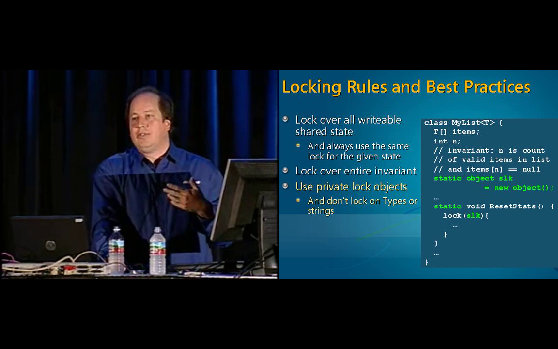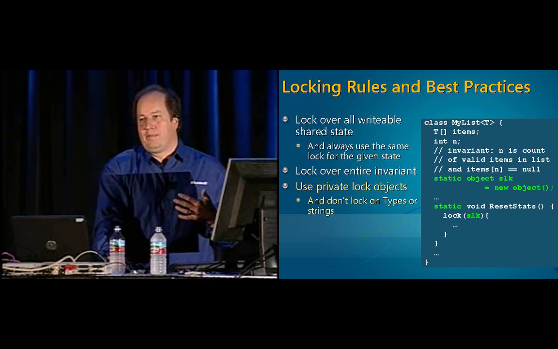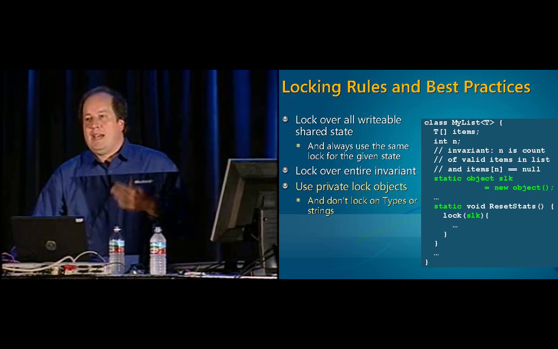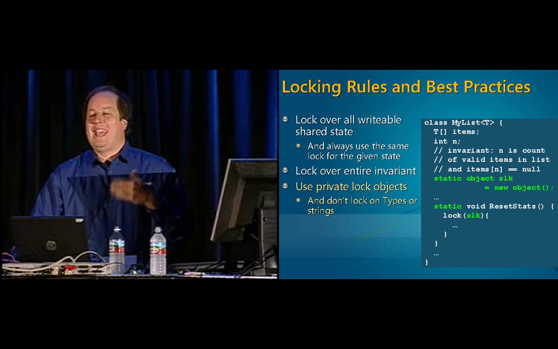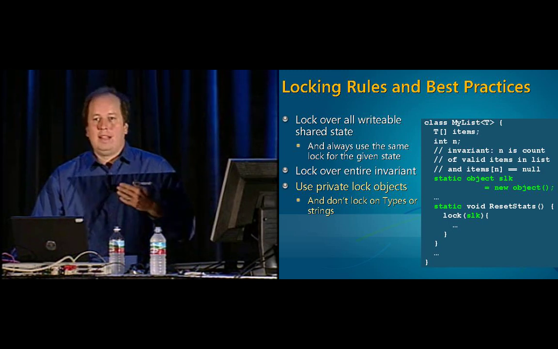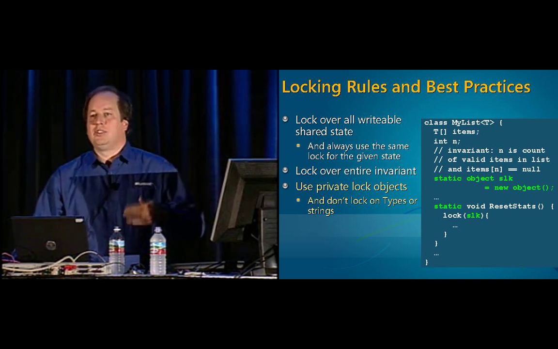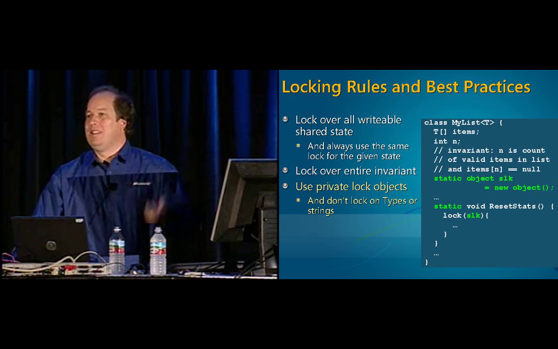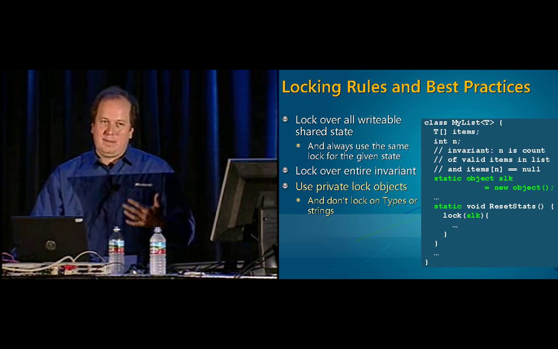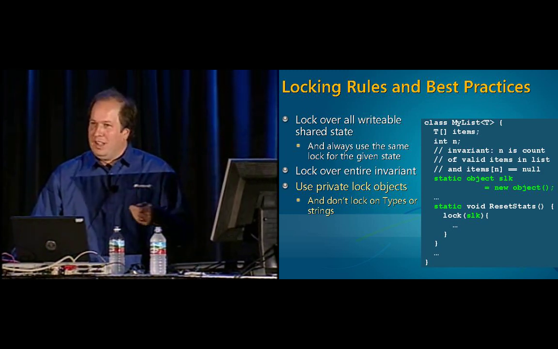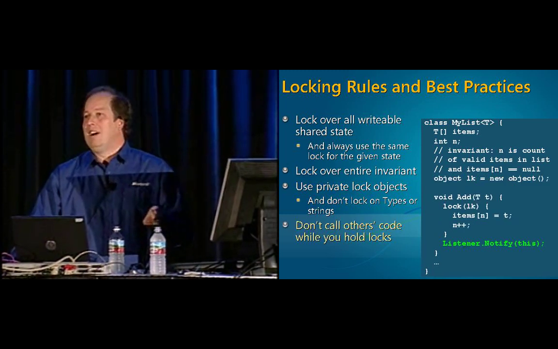In the example so far, we've been locking over this. Every managed code reference type object has a monitor or can have a monitor. And so you often see the pattern that people just lock over the object that is the data structure, in this case, locking over this. In some cases, it's not the best practice, because anyone who has a reference to your object can take a lock on it.